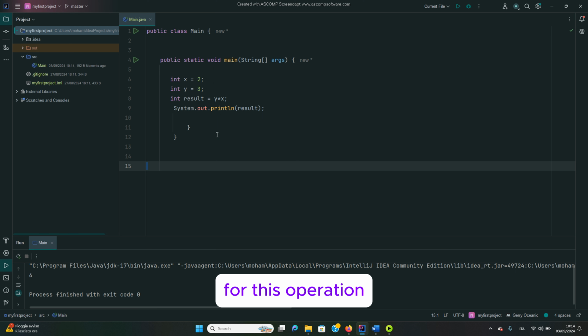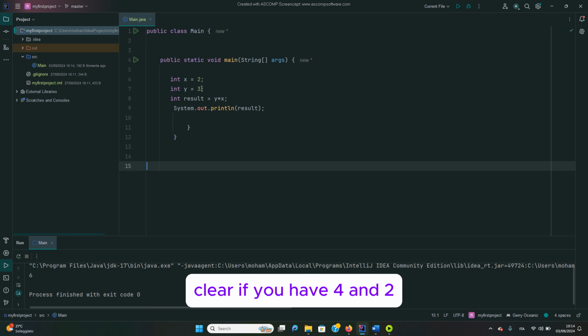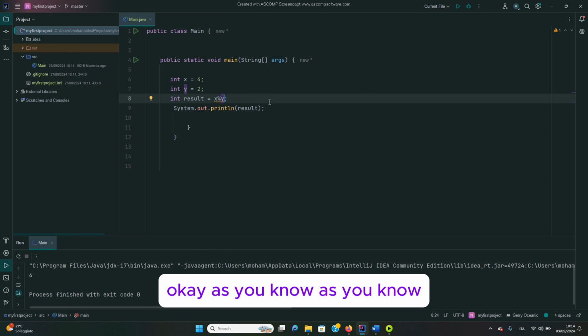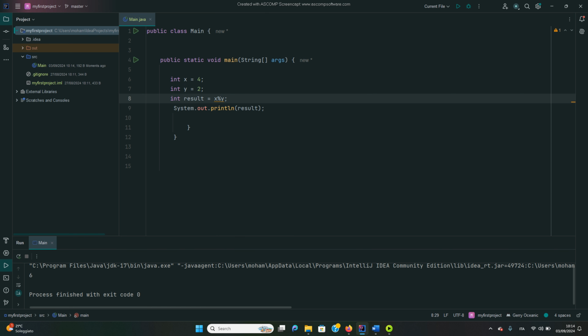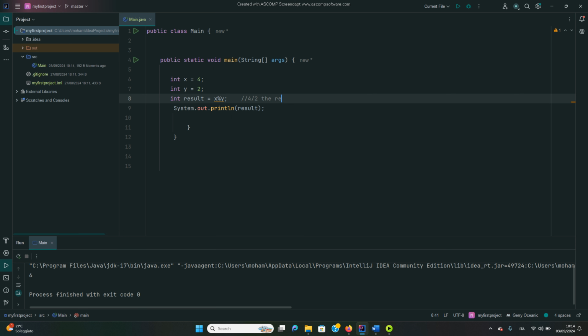Okay. For this operation, I'm going to use other numbers to make it more clear. If we have 4 and 2, let's say x modulus y. As you know, when we divide 4 by 2, the remainder is 0.